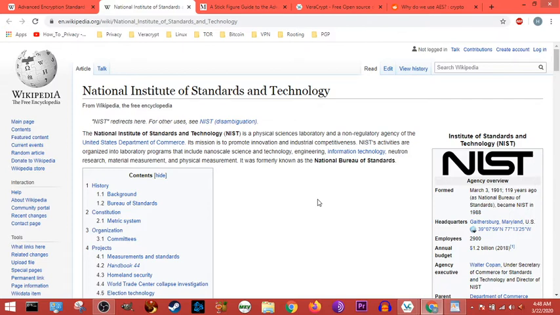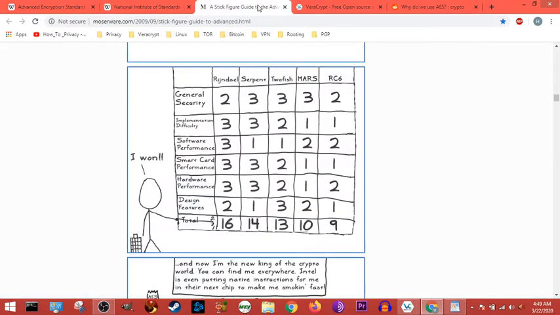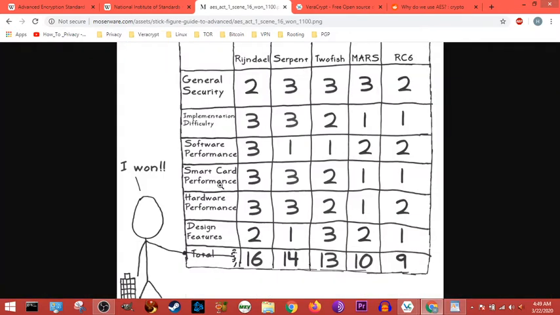They said to the entire world, the U.S. government needs an encryption algorithm that is the best, and we need it to do a lot of different things. Here's a little breakdown: we need general security, implementation difficulty, software performance. We need it to be fast. We need it to be strong. We need it to be easy to implement. We need smart card performance, hardware performance, design features, so on and so forth. And Rijndael, or AES, won.